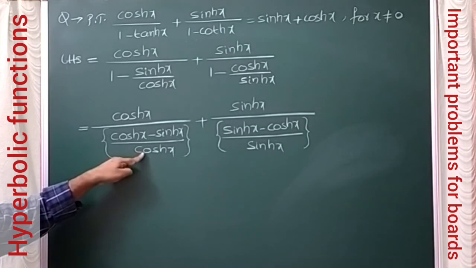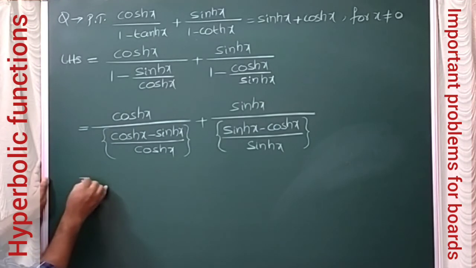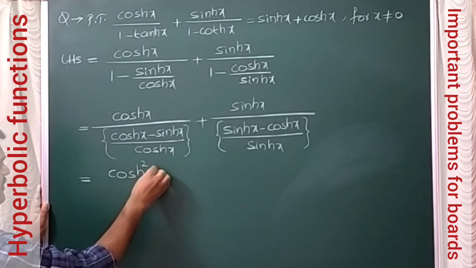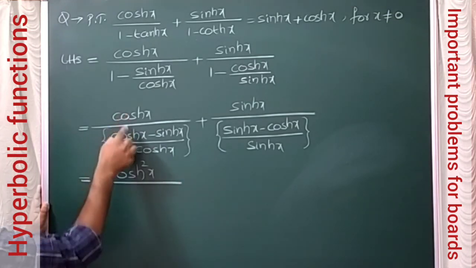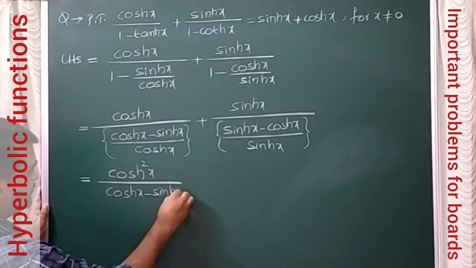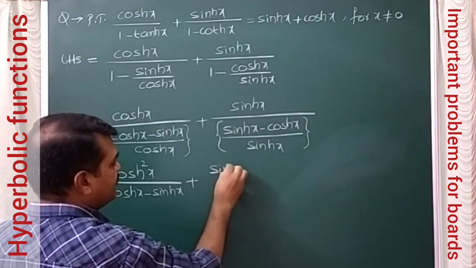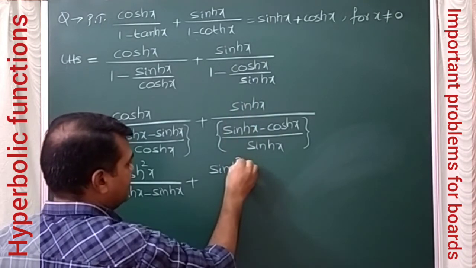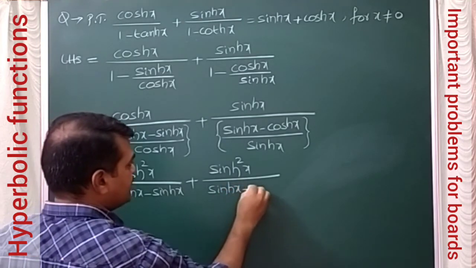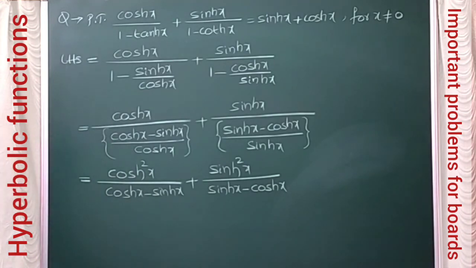Now this cos hx I will shift to numerator, this sin hx I will shift to numerator. So cos hx into cos hx, so cos h square x by cos hx minus sin hx, plus, so here sin hx goes to numerator, therefore sin hx into sin hx, sin h square x by sin hx minus cos hx. Now denominator, observe carefully.